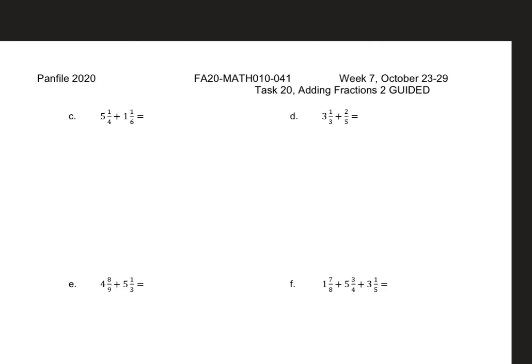All right, we're going to turn them into improper fractions. There's 21 over 4 plus 7 over 6. Add those parentheses. Bring our denominators over to the other side.